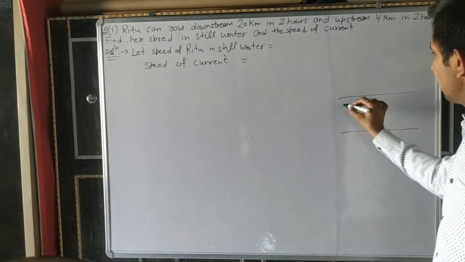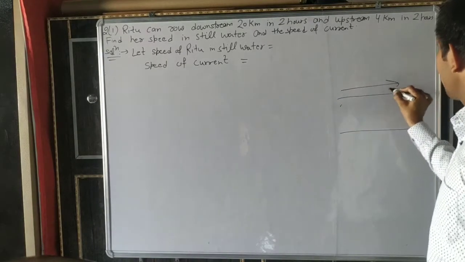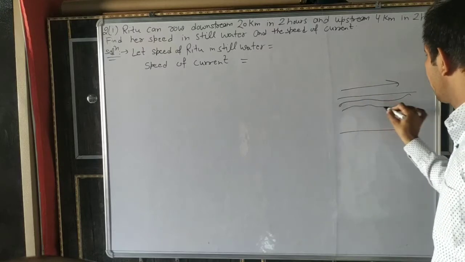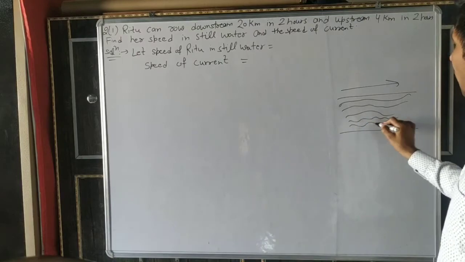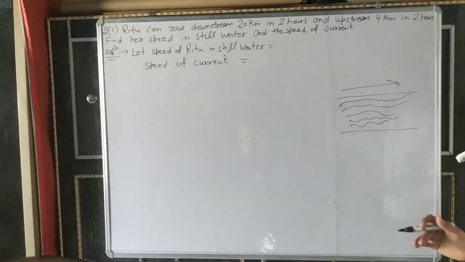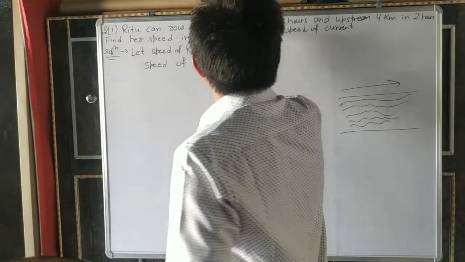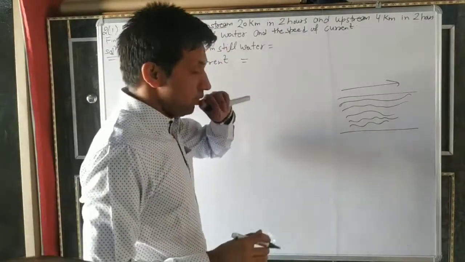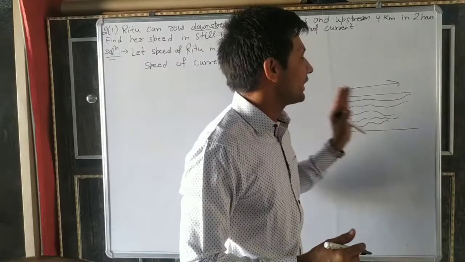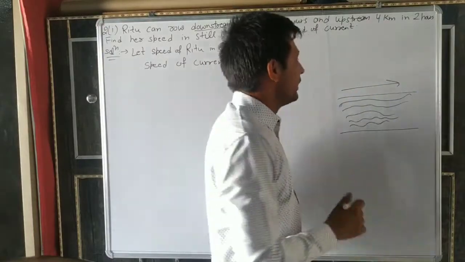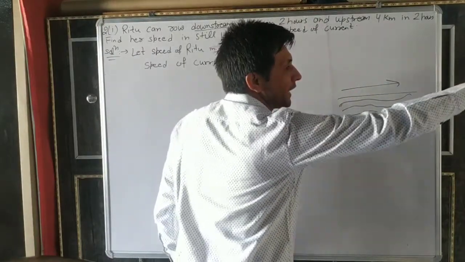In a river, the water is flowing in this direction. Okay, water is flowing in that direction.